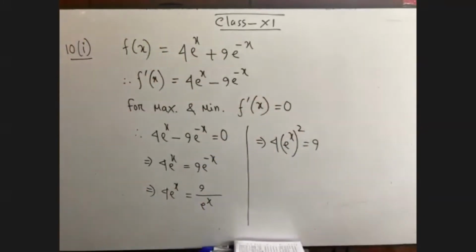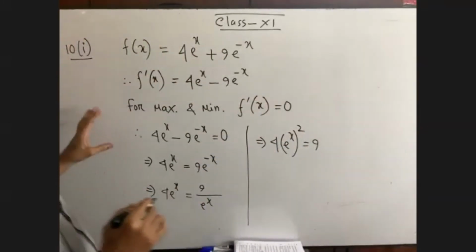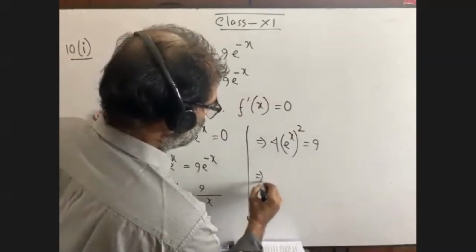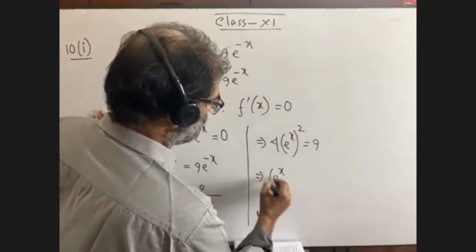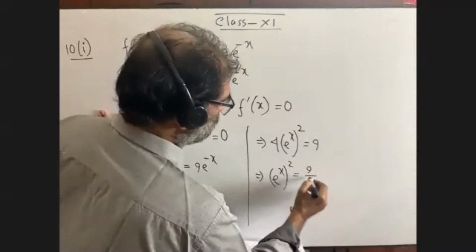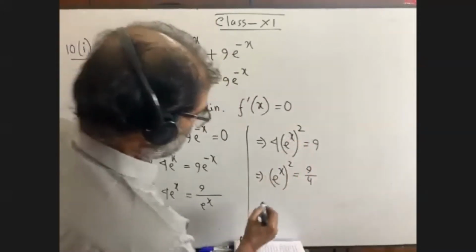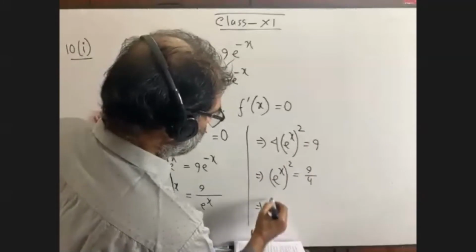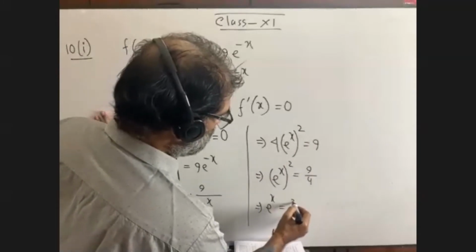So we can write (e^x) whole square is equal to 9 by 4. From here we can write e^x is equal to 3 by 2.